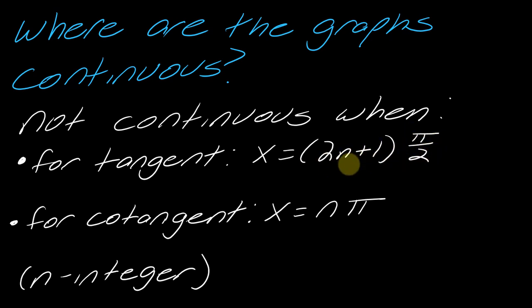So what does this mean? I've talked about this in other videos. This is how we format an odd number. Anytime you have an odd integer times pi over 2, you will have that asymptote. So that's where they're not continuous. And then for cotangent, anytime x equals some version of n times pi, so 1 pi, 2 pi, 3 pi, 4 pi, whatever, then cotangent will not be continuous.